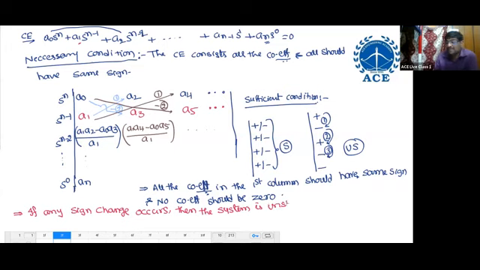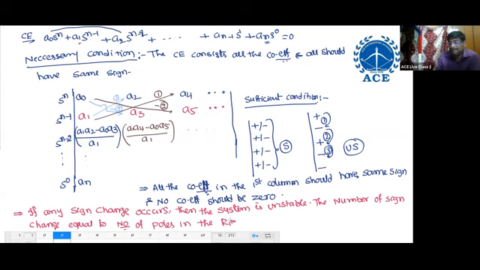The number of sign changes is equal to the number of poles in the right half of the S plane.